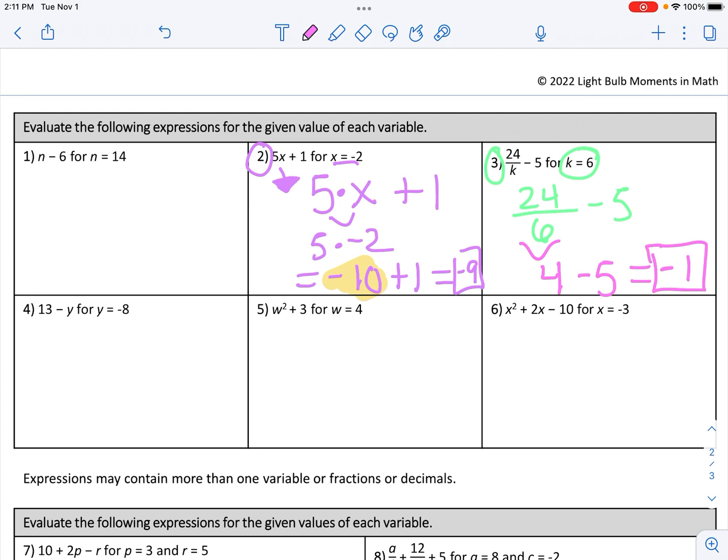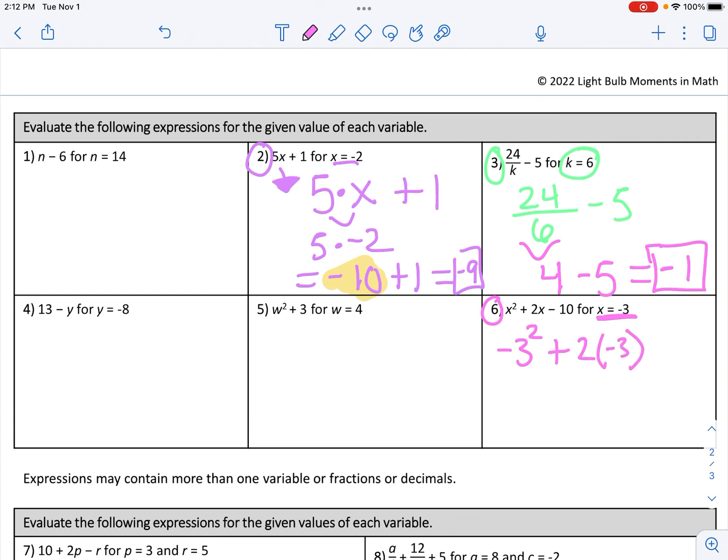All right, the last one we're going to do on this first row of problems is number 6. We have x squared plus 2x minus 10. The first thing I'm going to do is plug in my number, negative 3, for x. So instead of x squared, I have negative 3 squared, and everything else stays the same. So plus, instead of 2x, I'm going to have 2 times negative 3.